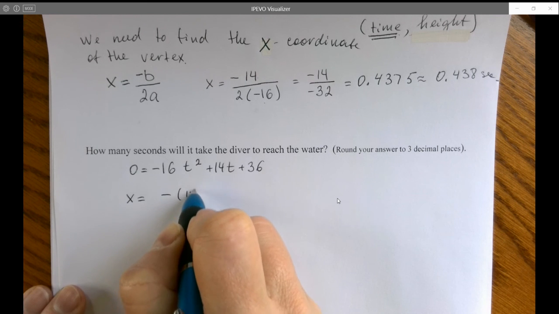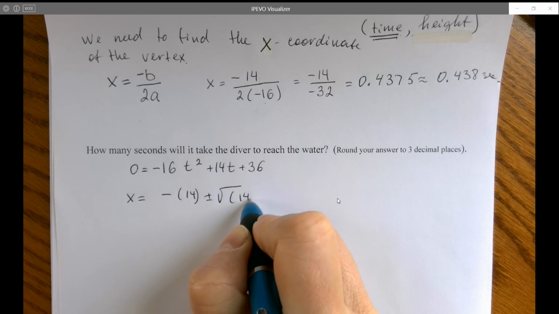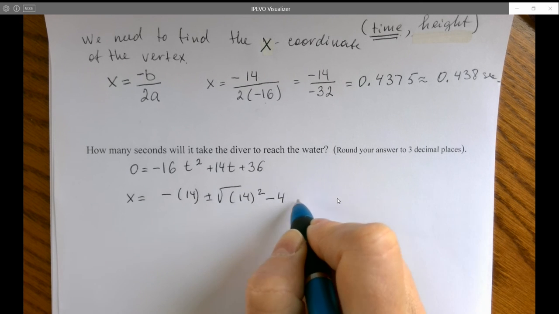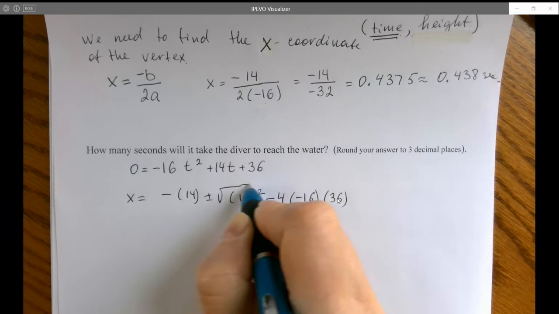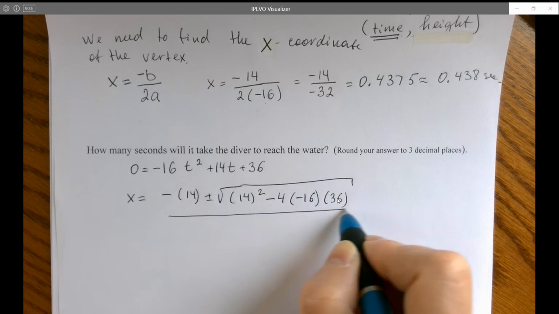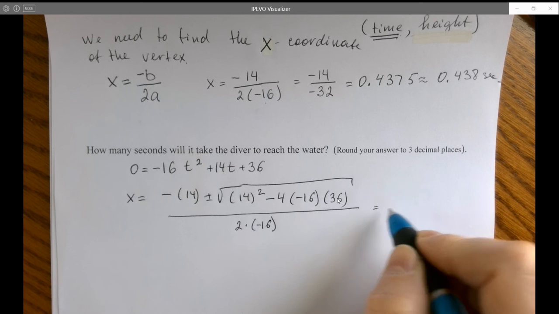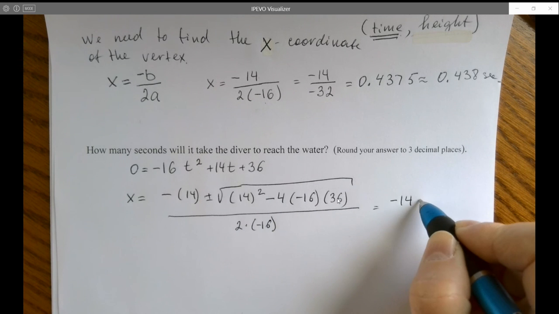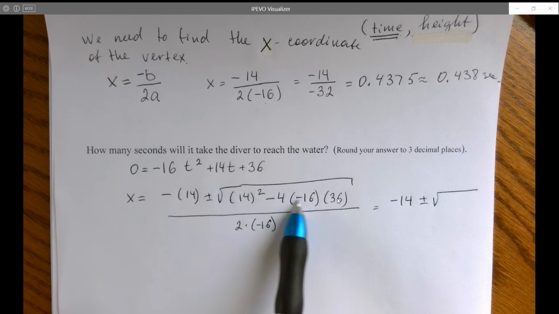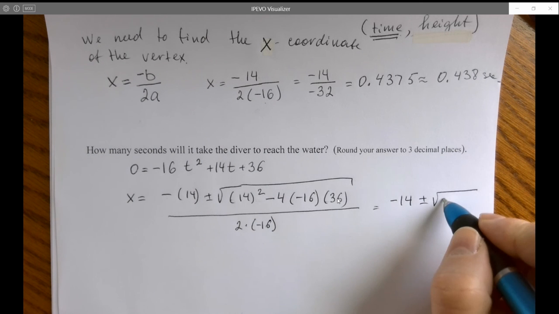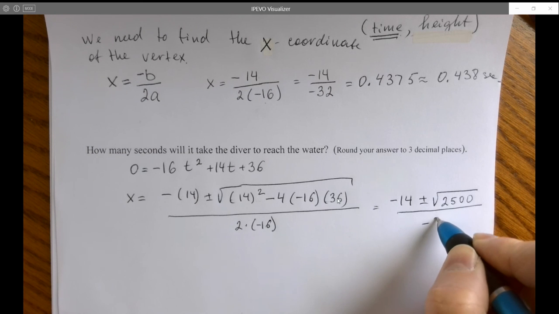Negative 14 plus minus square root 14 to the second power minus 4 times negative 16 and times 36 over 2 times negative 16. We will simplify. It will be 14 plus minus square root, and if you calculate this part on your calculator, it will be 2500 over negative 32.